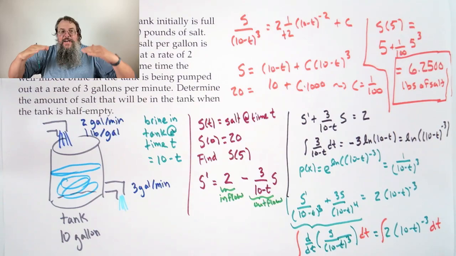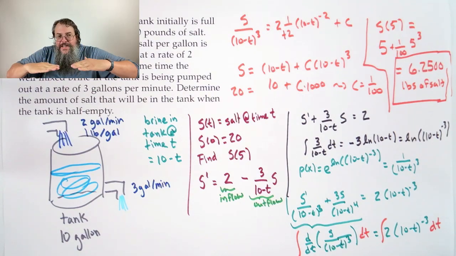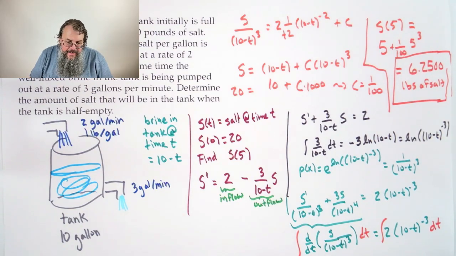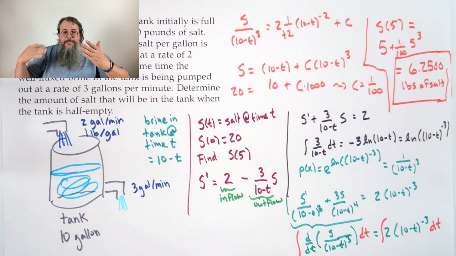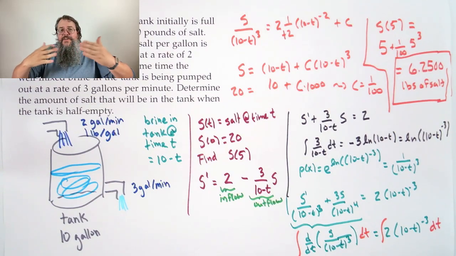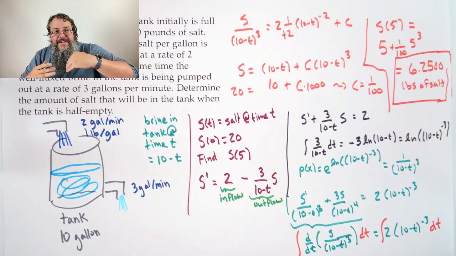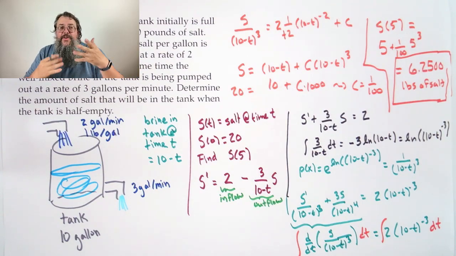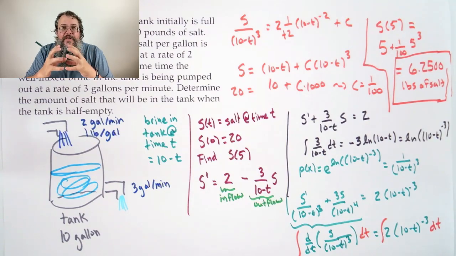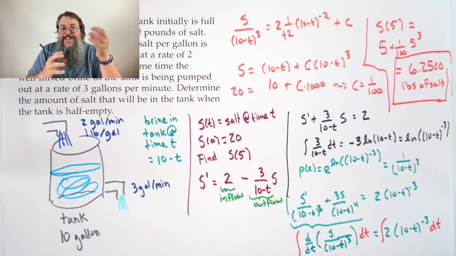It's also intuitive that as we lower it, the amount of salt should go down. Now, what's one other thing that we might say? Well, currently you'll see that the tank, initially, there's 20 pounds of salt for 10 gallons. So that's a ratio of 2 pounds for every gallon. What's coming in has only 1 pound per gallon. So the water in the tank is more salty than the water coming in.